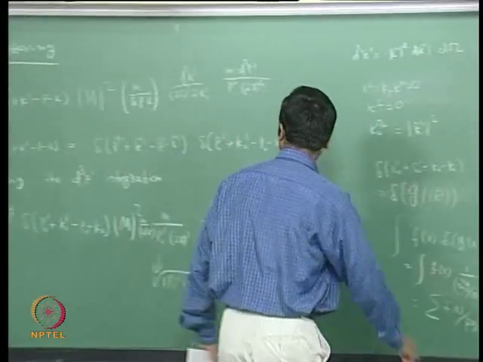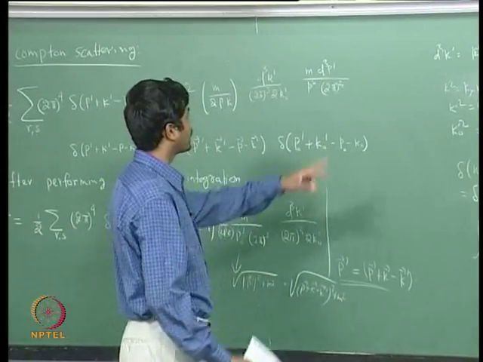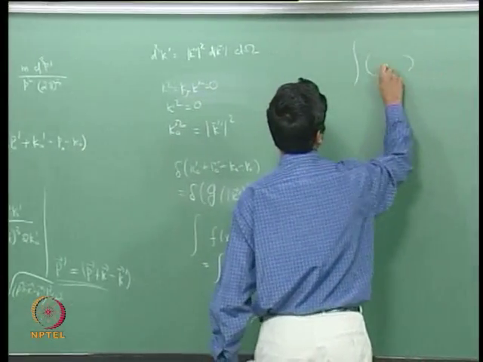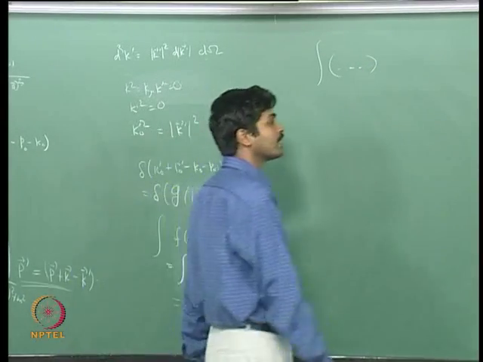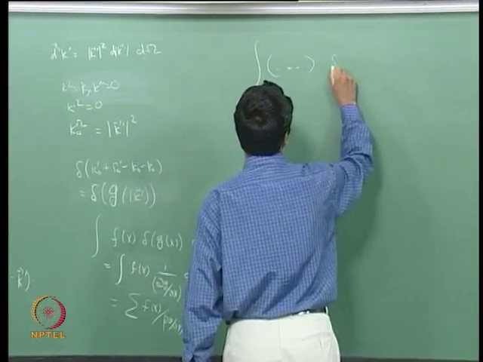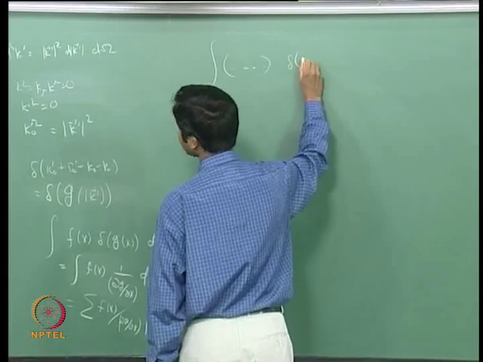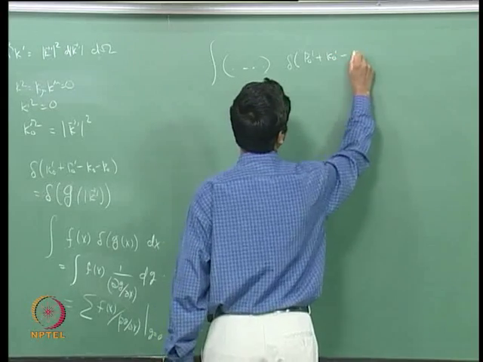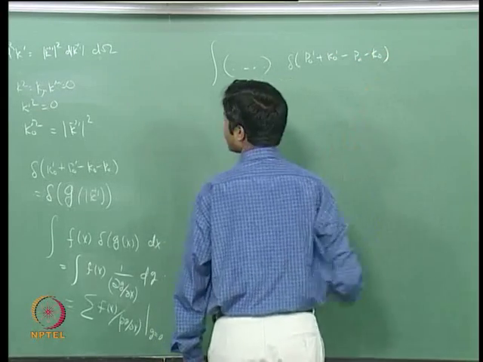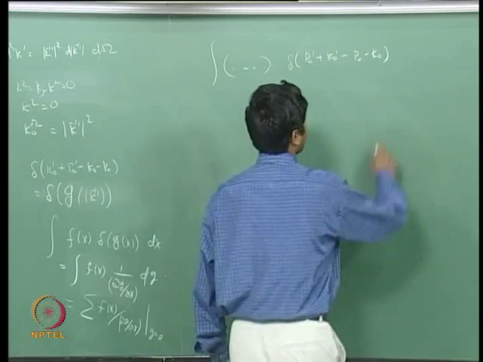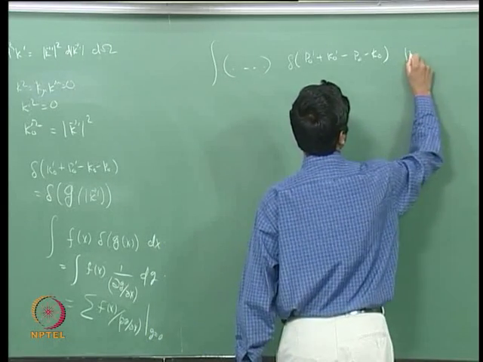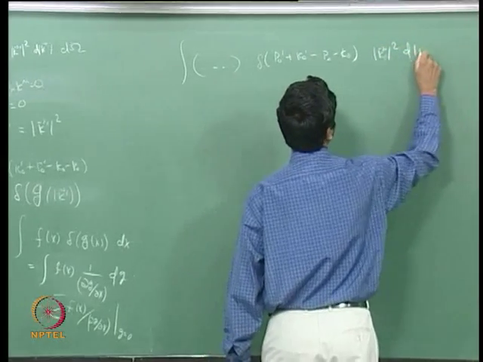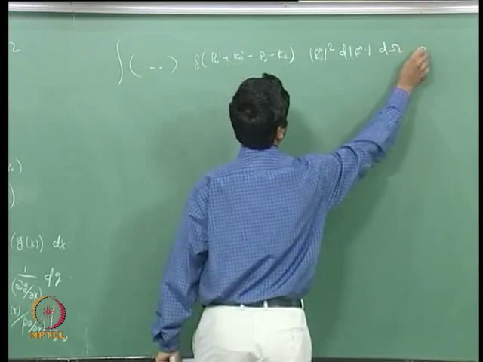So therefore let's carry out this k prime integration. You have a whole bunch of things, and then you have delta of p0 prime plus k0 prime minus p0 minus k0, and then mod k0 mod k prime square d mod k prime d omega.